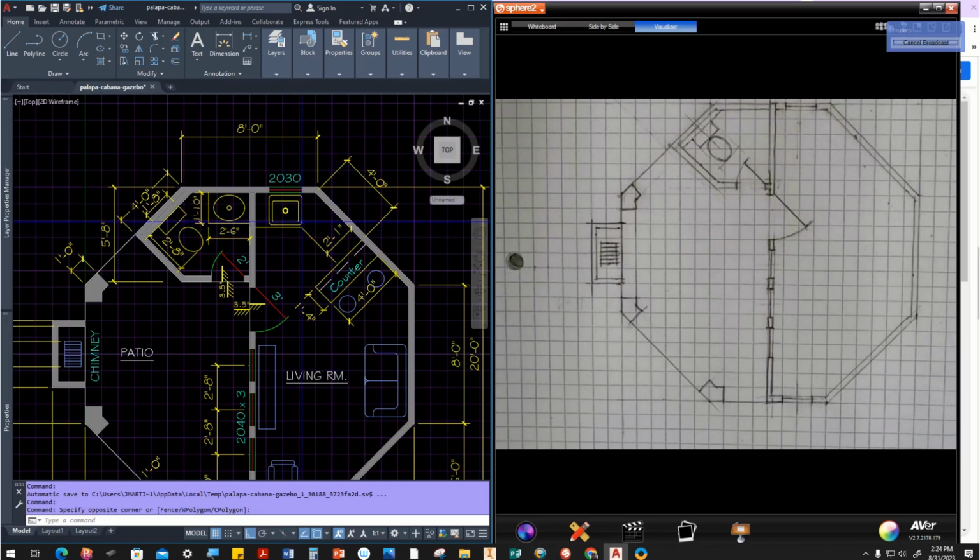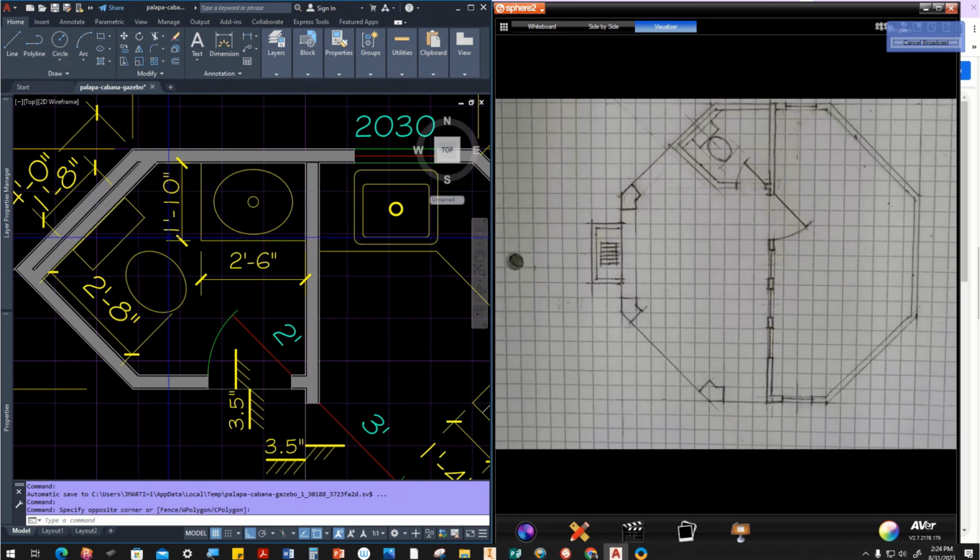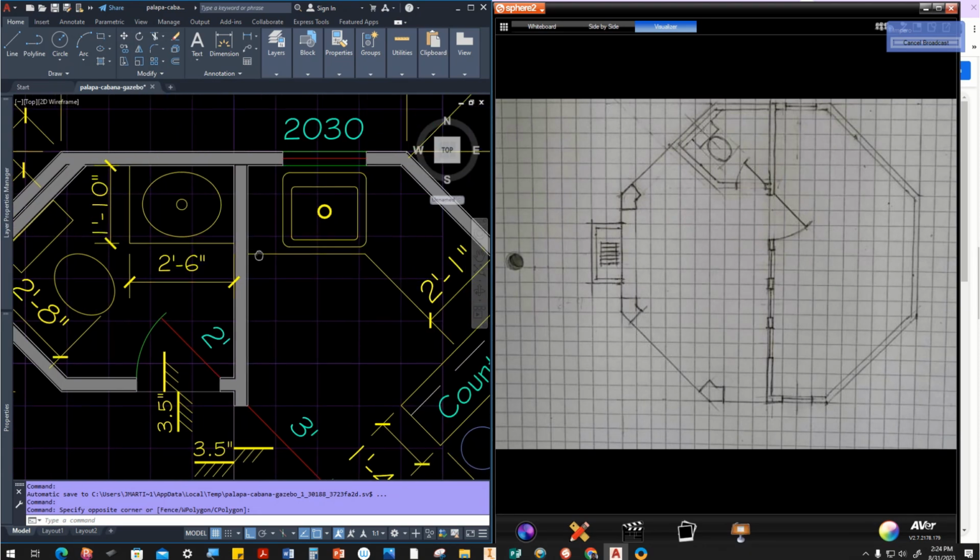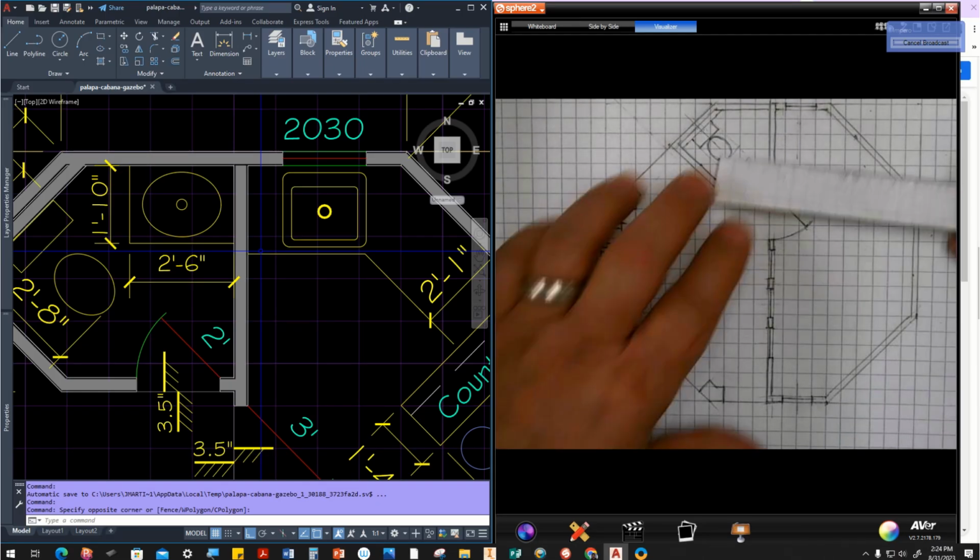The cabinet for the kitchen is this dimension, 2 feet 1 inch. But the cabinet for a restroom is 1 foot 10, which is 3 inches smaller. In other words, cabinets for restrooms are a little narrower, smaller. Let me measure 2 feet 6.